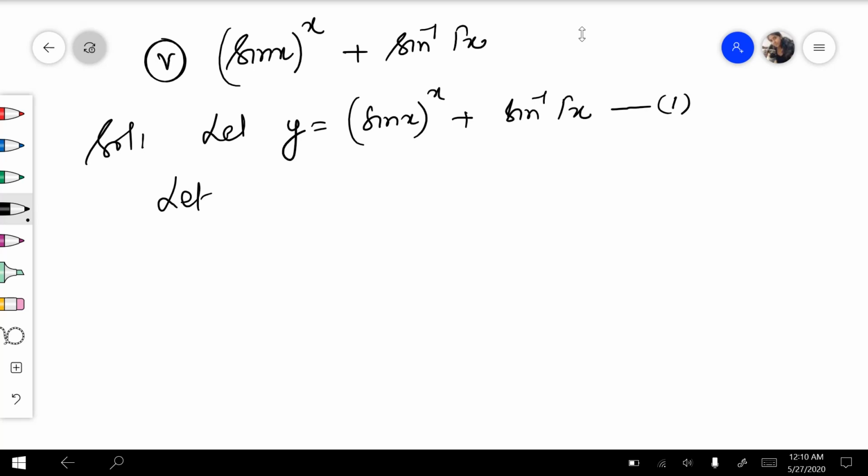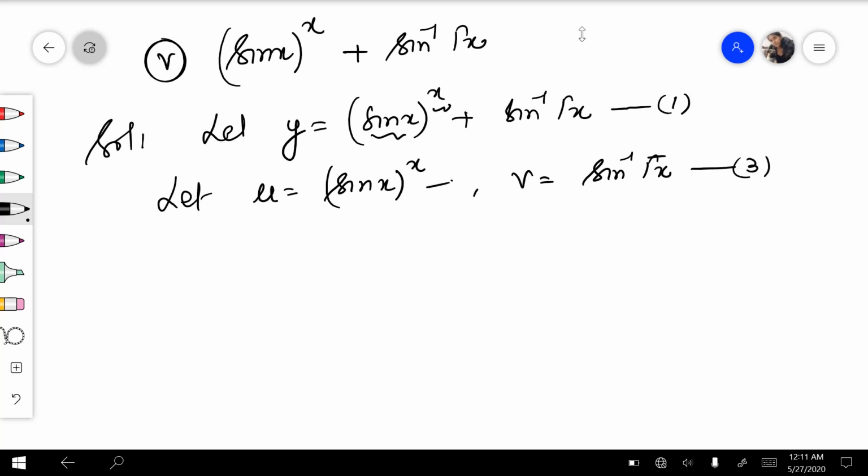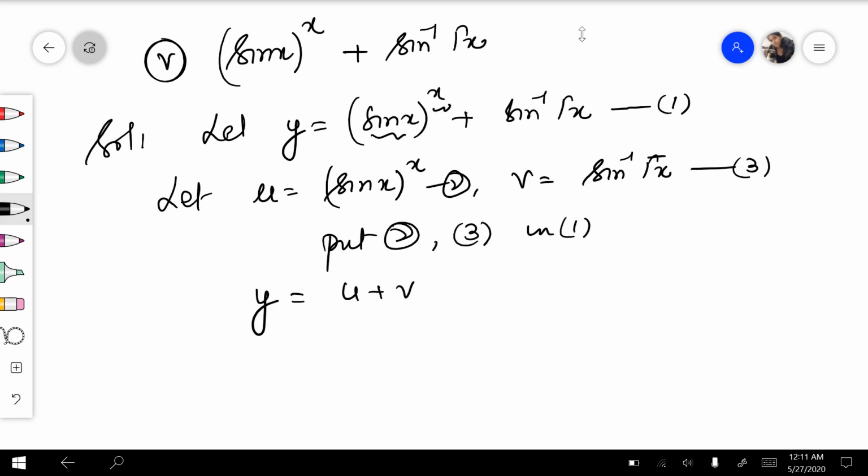Again, since it is containing function raised to power function, so let u is equal to sine of x raised to power x and v is equal to sine inverse square root of x. I'm taking this as third and this one as second. Put second and third in first. So that becomes y is equal to u plus v.